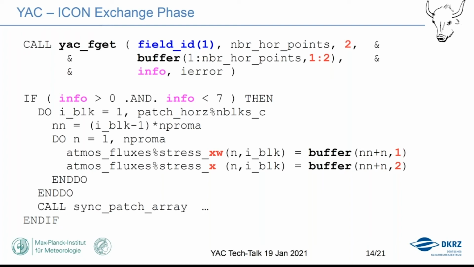For a deeper look into the code, you call YAC FGET. You have again this field ID, the receive buffer, and then the info argument tells you whether you have to take some action. In this case, if info tells you yes, I've received data, then the input of the buffer has to be copied back to the ICON fields.